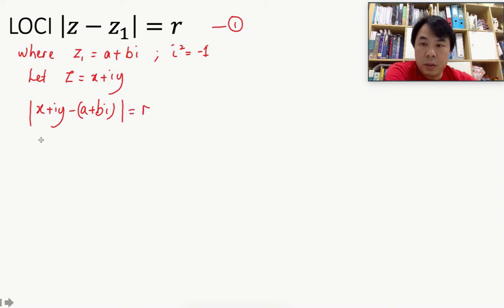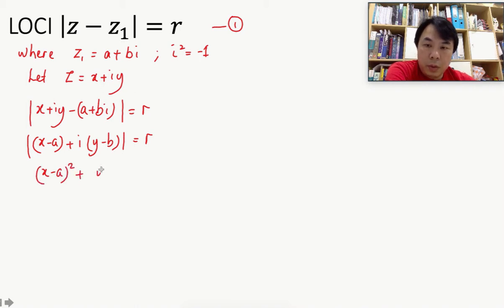R represents its radius in this case. And then finally, we can rewrite this, and now that actually represents a circle equation.